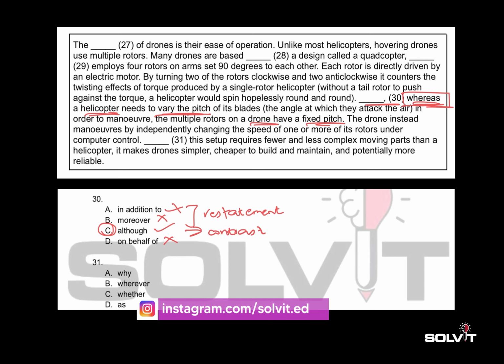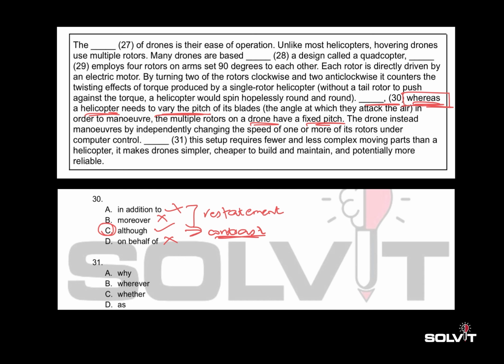You remember we had three types of sentences. One was comparison, one was contrast, and one was cause and effect. So this is contrast. Again, guys, you have to look at the word choice in the sentence, because the word whereas was very important in identifying what kind of sentence it was, and using that, we chose an answer for the blank.